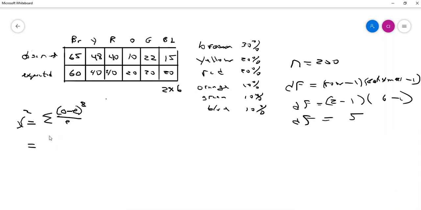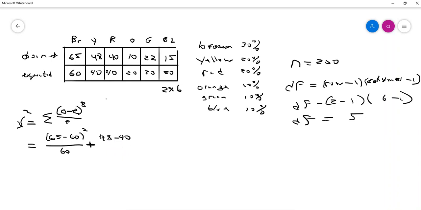So 65 minus 60, squared, over 60, plus 48 minus 40, squared, all divided by 40, plus 40 minus 40, squared, all divided by 40. These are for those students that do not have the goodness of fit test on their calculator. I'll show you where that's at in a minute.